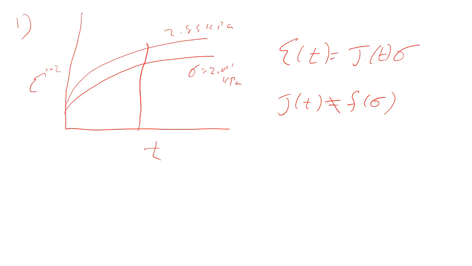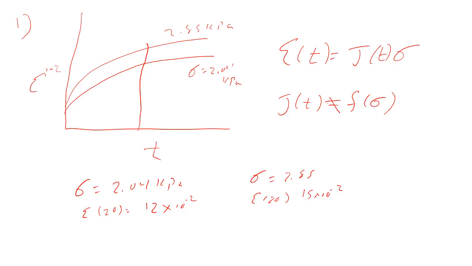Here we have at 2.04, we'll use 20, and at 2.85, 15. That's basically as close as we can read it off the graph easily.